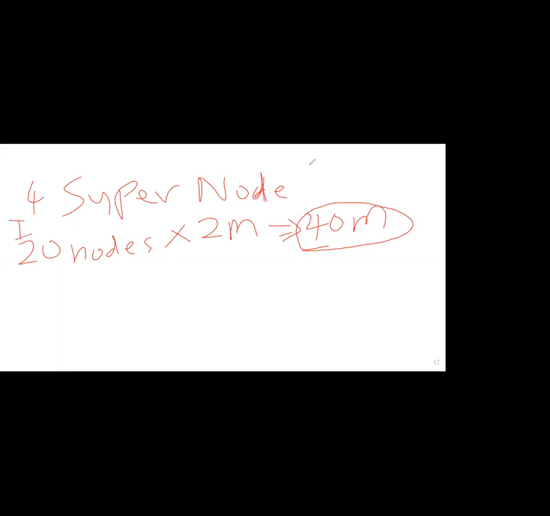Call it phase 1. Phase 2, 3 million, and they moved from 20 to 50. So that's 30 nodes times 3 million.